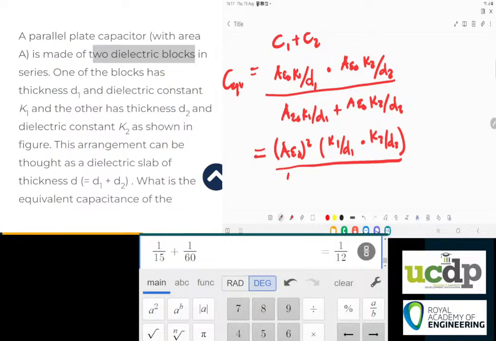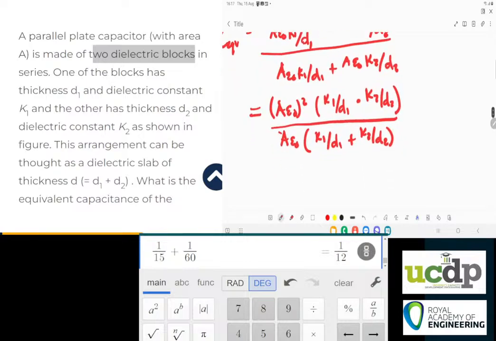Then we have also A E naught at the bottom, multiplying K1 over D1 plus K2 over D2. So the A E naught can cancel out the other one at the top.